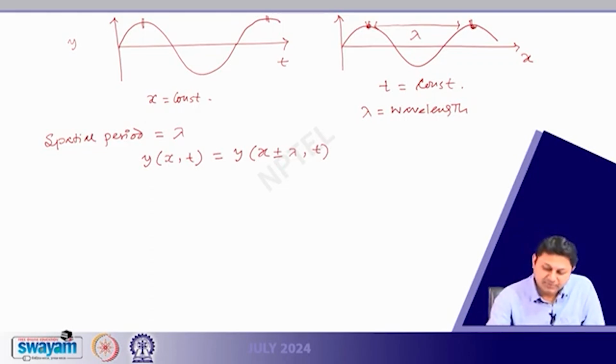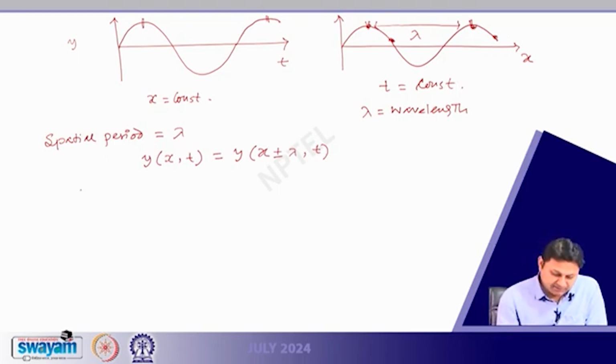For example, from here to here I get the same point. Also I have a same phase point here and here. The distance here is also lambda. So if I have the amplitude here, then if I move by the length of the spatial period lambda, which is the wavelength, I am going to get the same point.